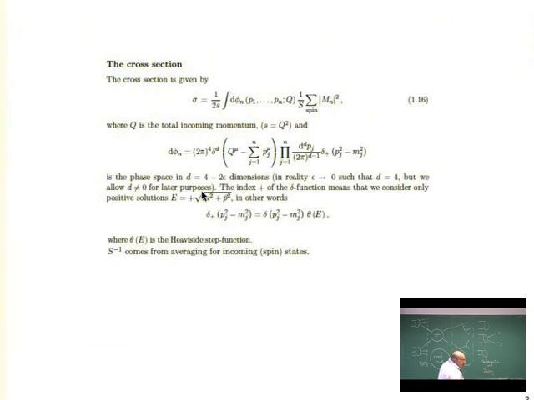So the basic quantity that we all learn during our quantum field theory course that describes the probability of an event to take place is the cross-section. And this formula should be known to all of you.